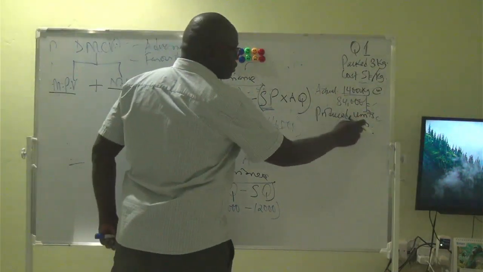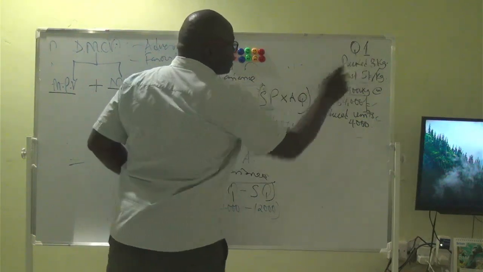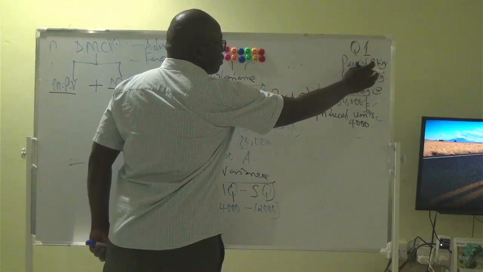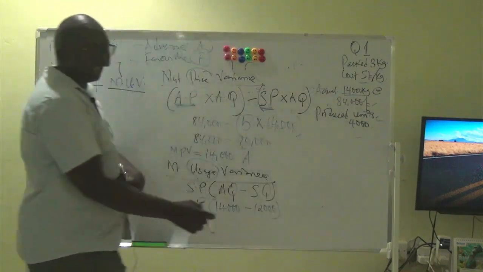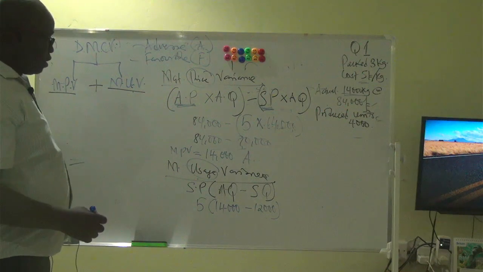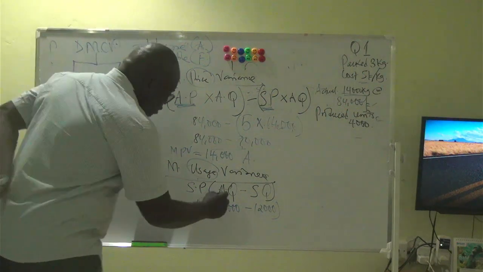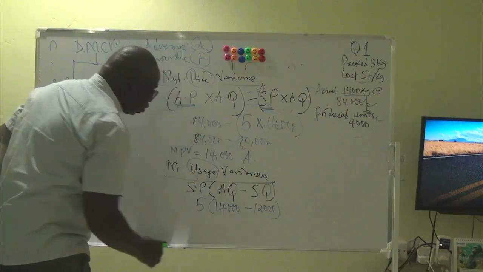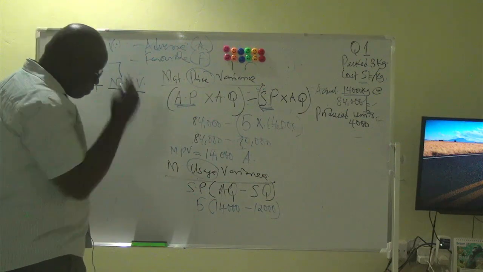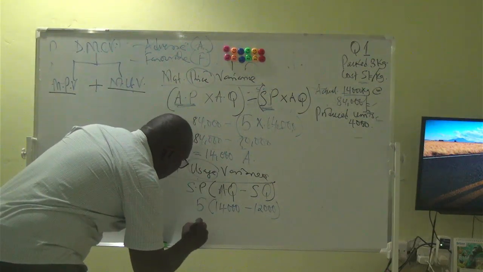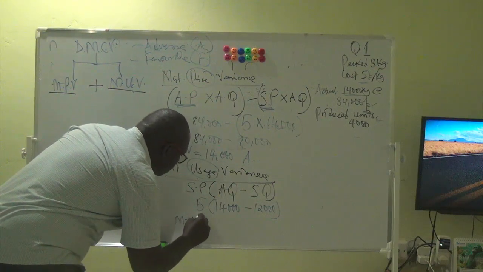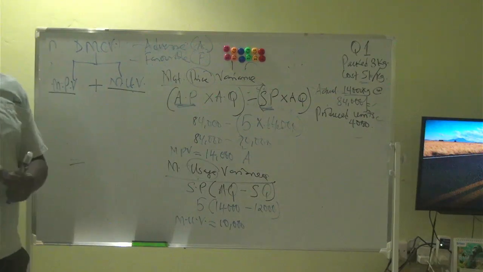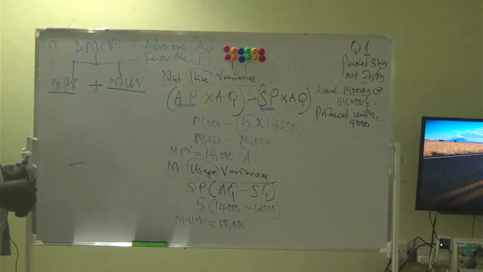Now when you subtract, 14,000 minus 12,000 is 2,000. 2,000 times 5 is 10,000. So our material usage variance will be 10,000.